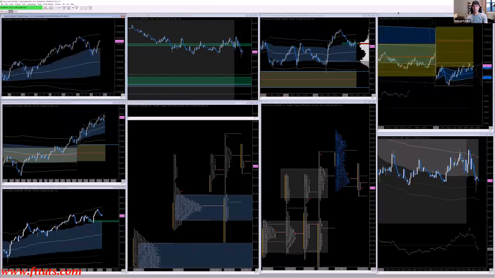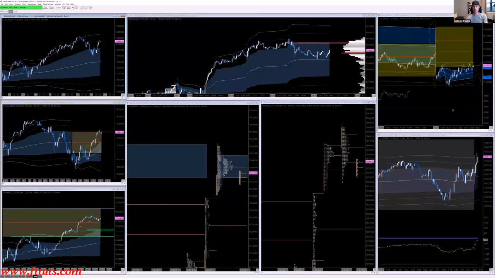NASDAQ entries underwater. We're giving it a real stop there. Come and get me. There it goes.